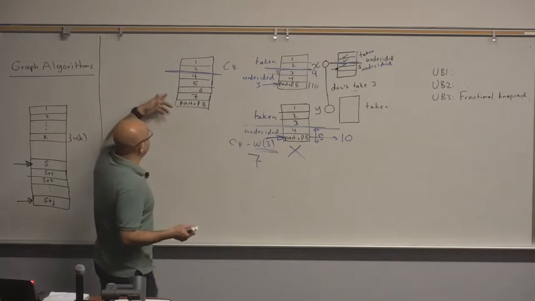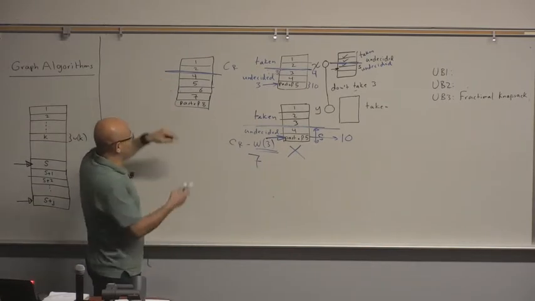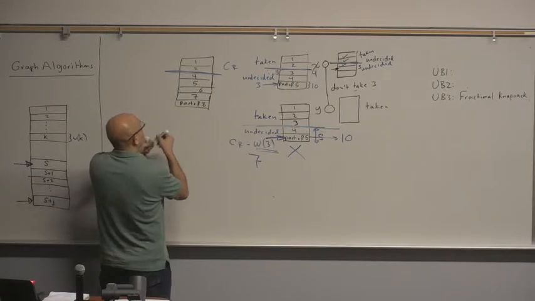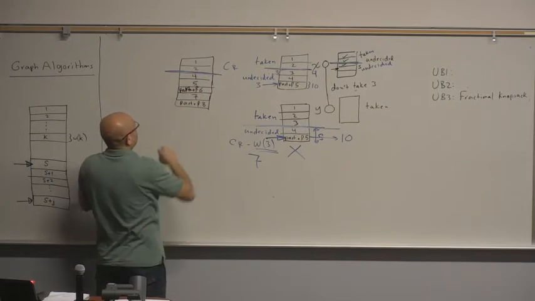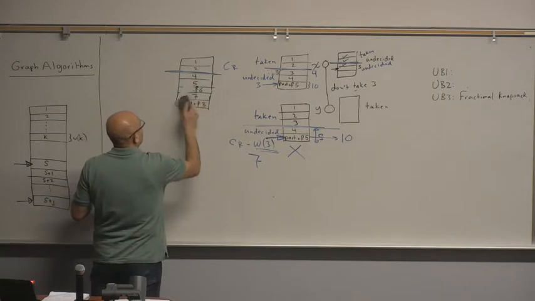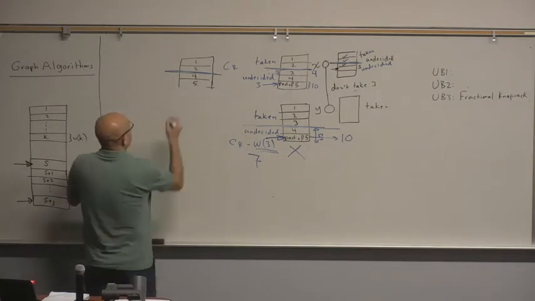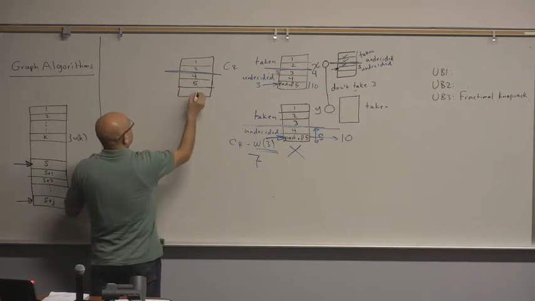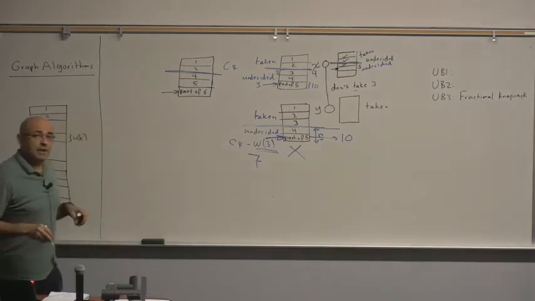So for example, in this case, if you end up taking all of 5 and part of 6, then your new slack is going to be... okay, if you take 5 and part of 6, then what's the value of j here?